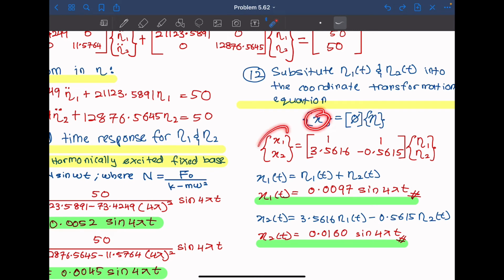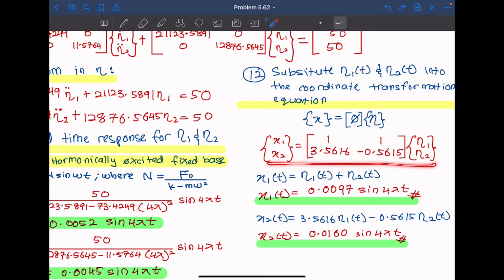So x is x1 and x2, your modal matrix just now, which is 1, 1, 3.5616 and negative 0.5615, and also your eta coordinates, eta 1 and eta 2. Take this out as two equations, using the normal way of solving a matrix, row times column. So 1 times eta 1 plus 1 times eta 2. You get this for the first equation.